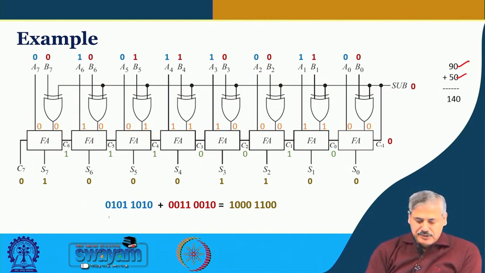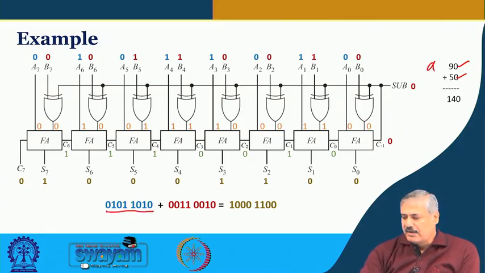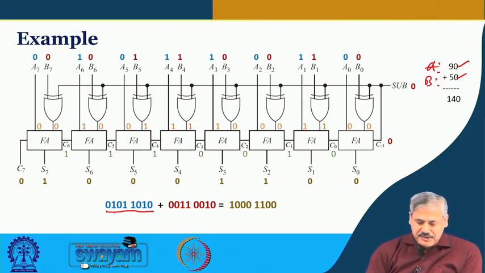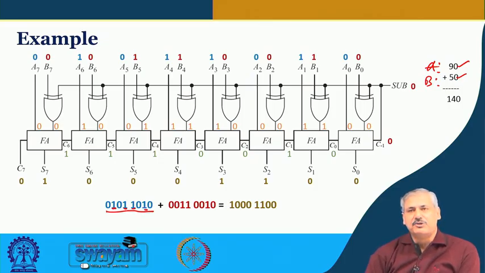This is your 90, this is your A and this is your B. This is 64, this one is 16, 64 and 16 make 80, this is 8, 80 and 8 make 88, and this one represents 2. So 90, this particular number is 90.